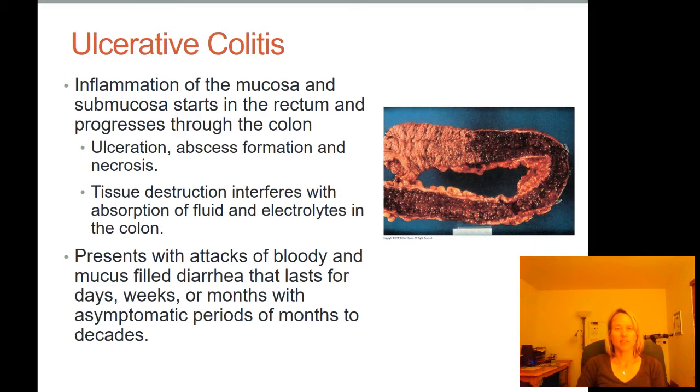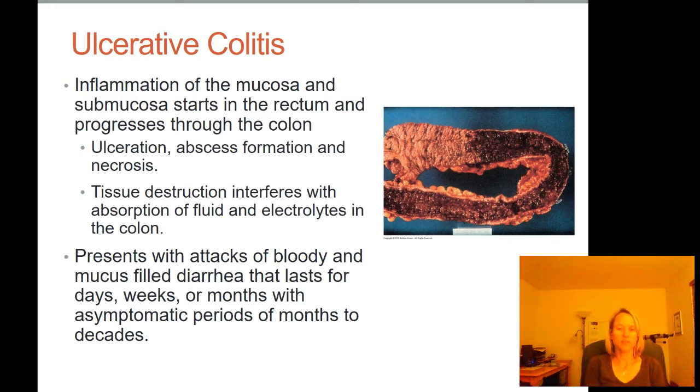Ulcerative colitis, this is where we have inflammation of the innermost layer of the GI tract, the mucosa, as well as then the second layer of the submucosa. And this disorder starts in the rectum and it progresses through the colon. So we get ulceration and abscess formation and tissue necrosis.